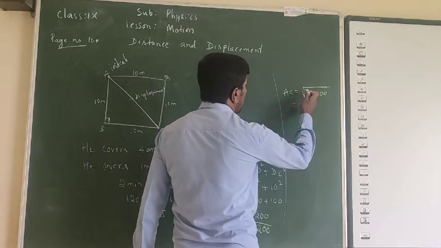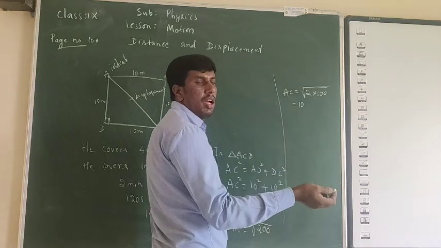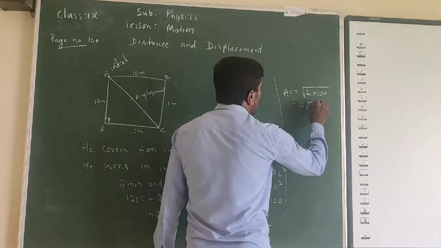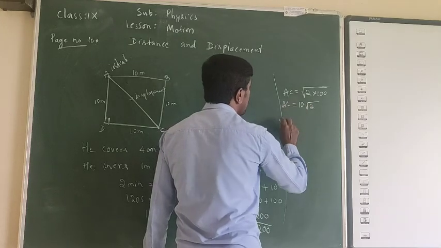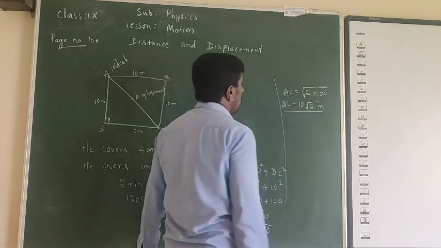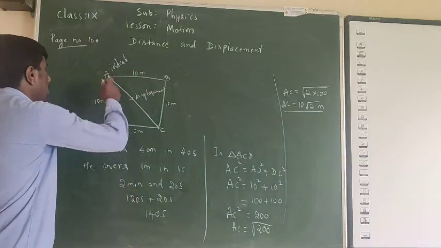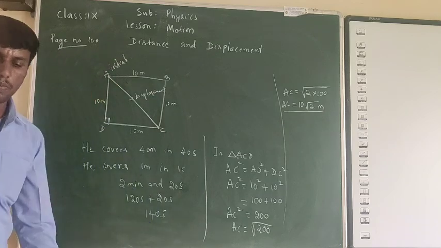If you bring 100 out of the square root, it will become 10, because 10 into 10 is 100. Within the square root we are left with 2. Therefore AC is equal to 10 root 2 meters. 10 root 2 is the displacement.